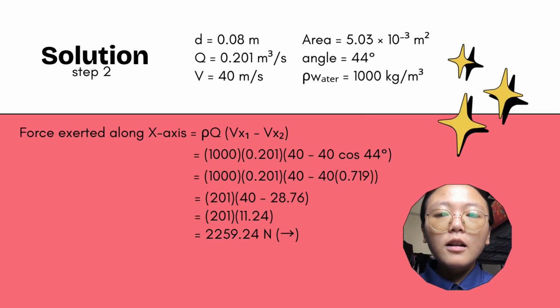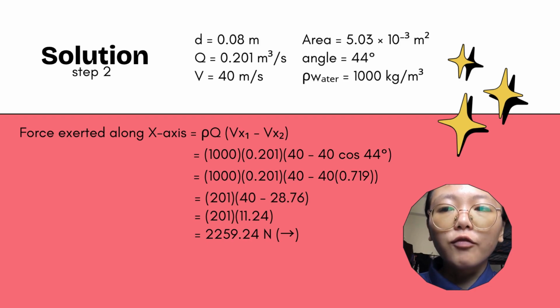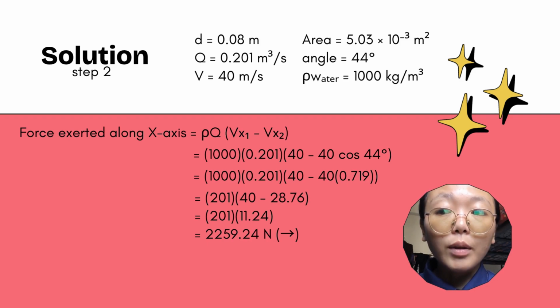From figure 1, water flows horizontally into a bend at 40 meters per second, then exits the bend upward at 44 degrees to the horizontal, also at 40 meters per second. The aim is to find the force exerted by the fluid on the bend or by the bend on the fluid along the x-axis.